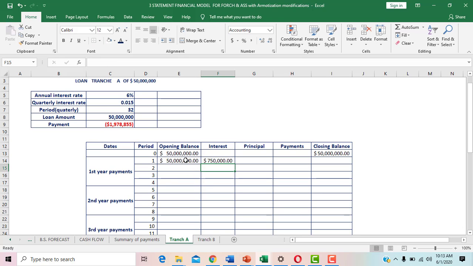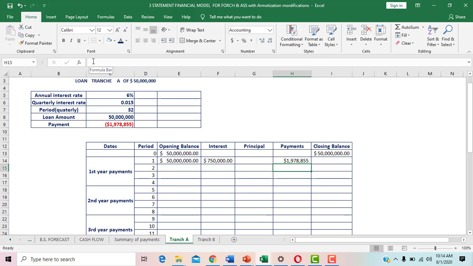So we now know the interest we are going to pay in the first quarter. Remember that we also know how much we are supposed to pay as total payment for this quarter. The total payment is equal to the payment from our calculation. We just negate that value so that we have a positive value in our amortization table.